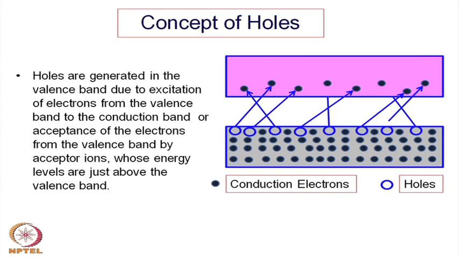Whereas, in the other case only the holes will be available as charge carriers, but the electrons will be accepted or absorbed by some other element, and will not be available for charge carrying purposes. So, this is the concept of hole, and it is very important for understanding the overall conductivity and the behavior of the conduction process.